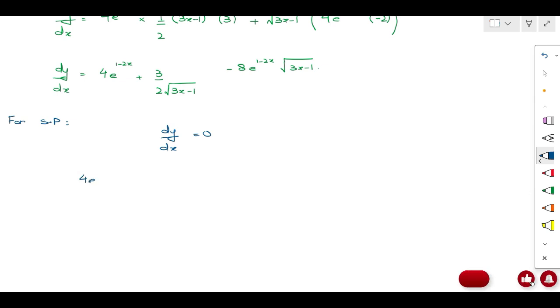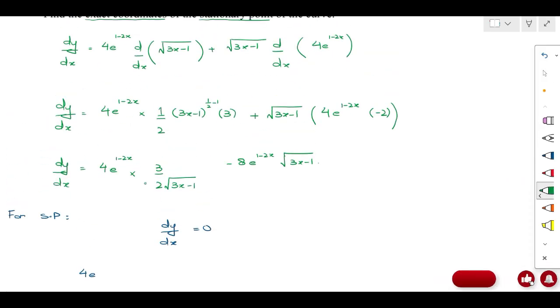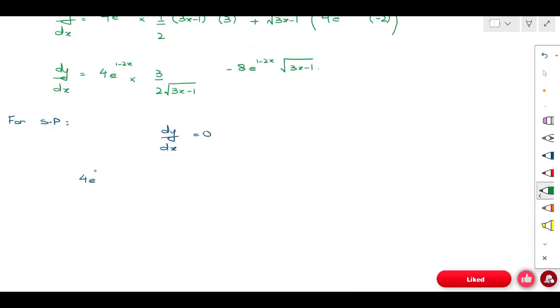So 4 e power, so it's not plus, sorry. This is in the product. See, it's in the product, not plus. Of the two terms we have 1 minus 2x, and we can simplify this term as well. 2 times 1 is 2, 2 times 2 is 4, 2 times 3 would be 6.